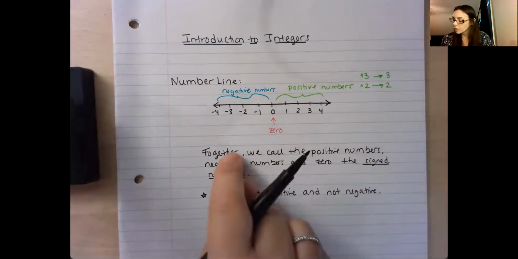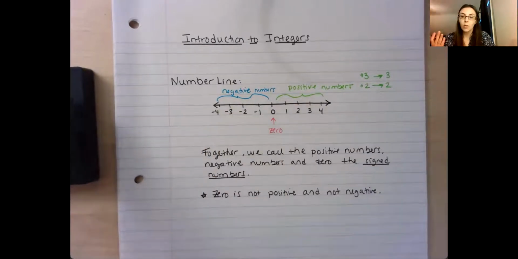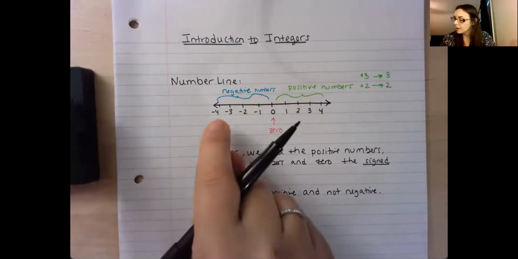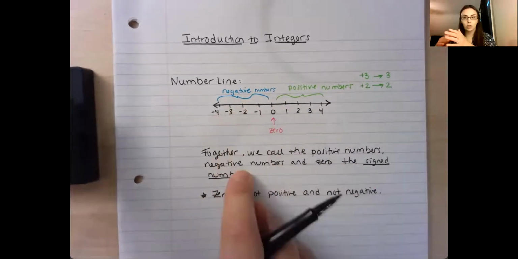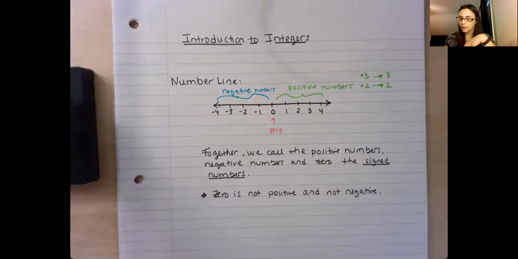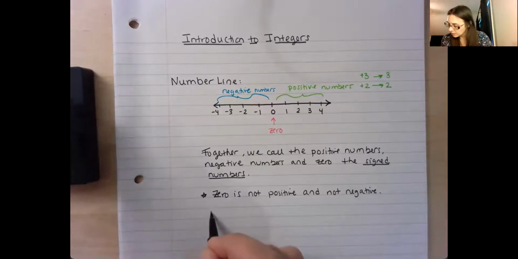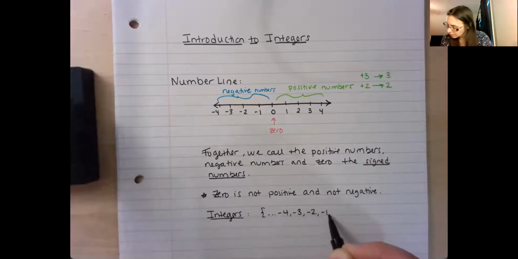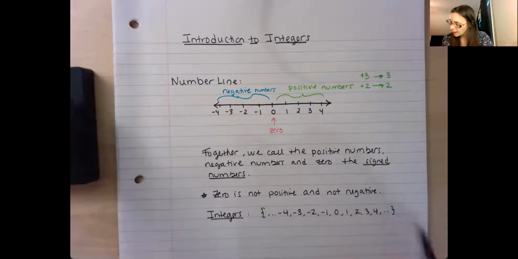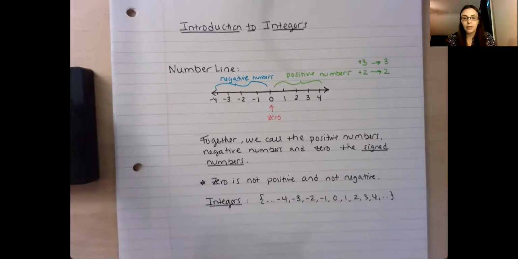Now, signed numbers also include all the numbers in between as well. So when we get to fractions and decimals next week or the week after, then we will also incorporate those with positive and negative. So your signed numbers do include the fractions, the decimals, all that stuff as well here. So specifically your integers is the set of numbers, and this is going to continue in both directions, that is basically just the whole numbers and their opposites.